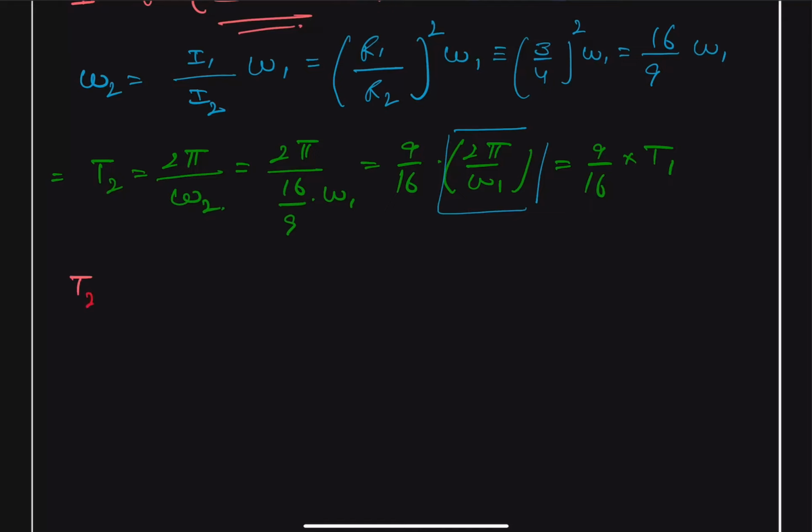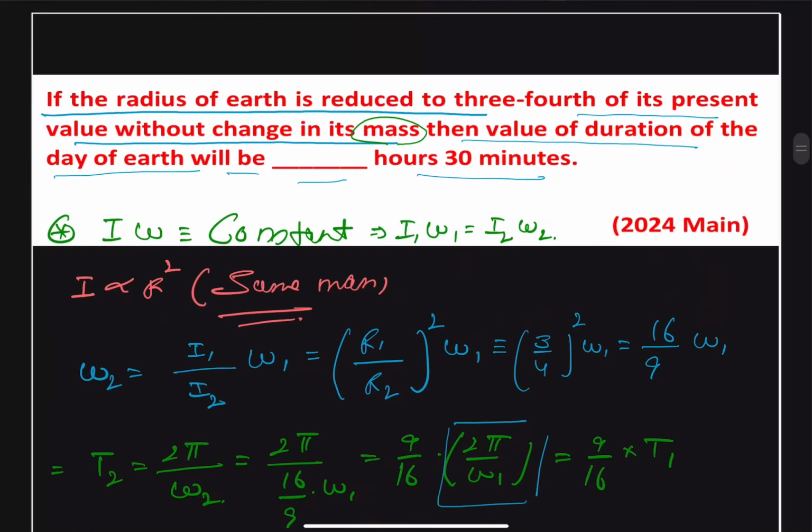Therefore we can say our t2 will be equal to 9/16 multiplied by 24, which gives us 13 hour and 30 minutes. Therefore we get this as 13 hour and 30 minutes.